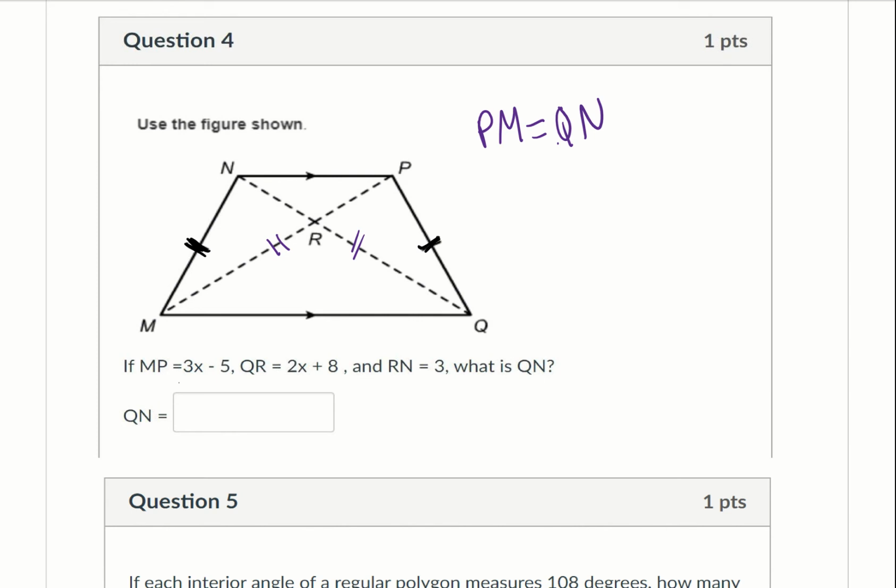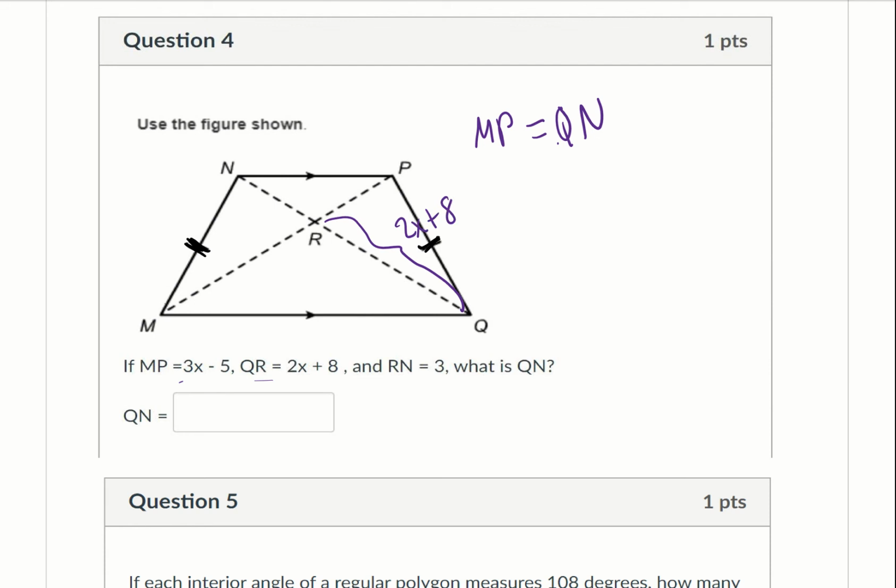So it says MP is 3x minus 5. I guess we can call this MP instead of PM. It doesn't really matter, but I want to be consistent with the problem. And then it says QR is 2x plus 8. So QR is this part. So this is 2x plus 8.